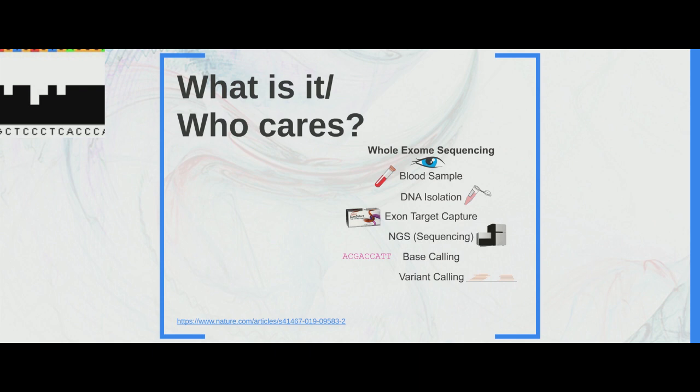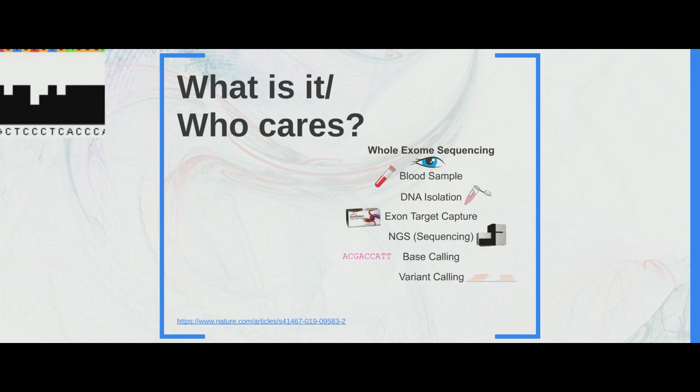It's clear that they're inherited, and we want to figure out what is causing their disease. What part of their genome is causing the disease? If you take a sample, isolate the DNA, do target capture, run next generation sequencing, do base calling, and do variant calling, you're going to get a bunch of variants.